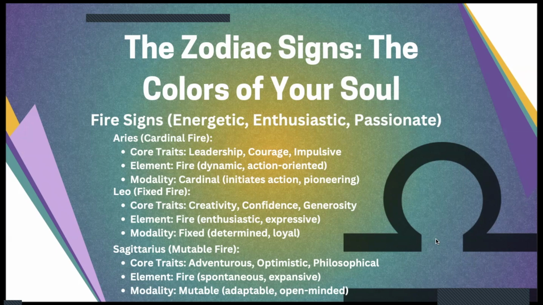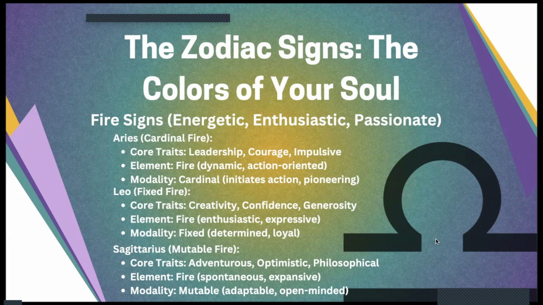Now, Aries is going to cover core traits of leadership, courage, and impulsiveness. The element of Aries is fire, it's dynamic, it's action oriented. The modality is cardinal, it initiates and it's pioneering. It's all about taking action, initiating action.